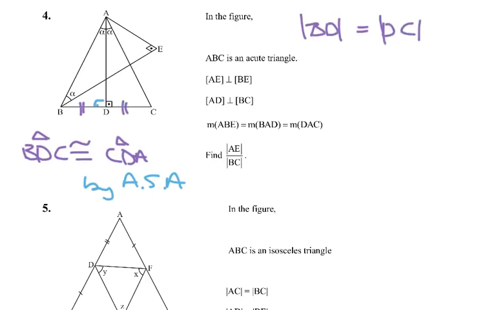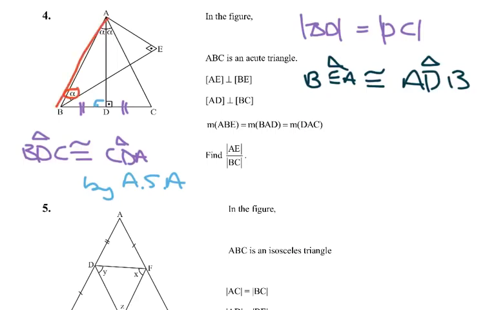And then looking at the other triangle, BEA, we can see again that that is congruent to the other two triangles mentioned before. So we can see that BEA is congruent to ADB, again by angle, side, and then angle.